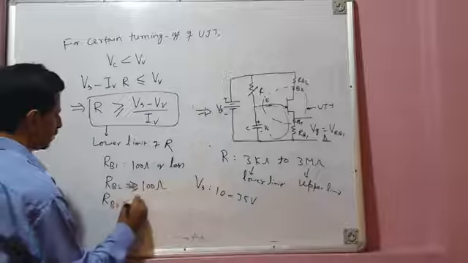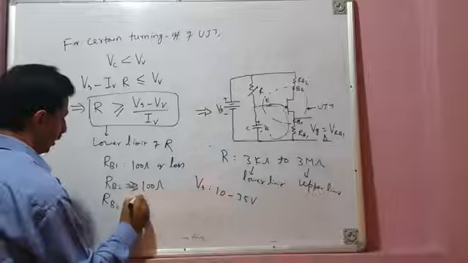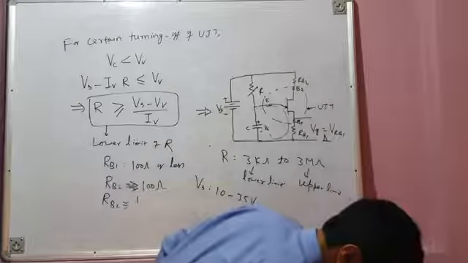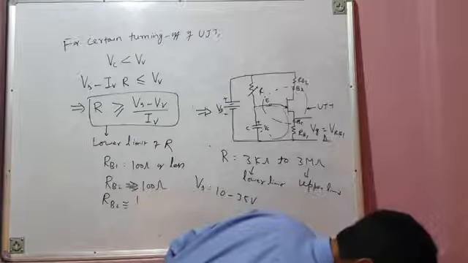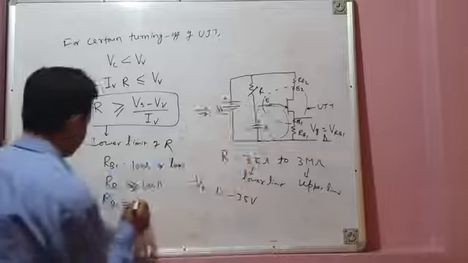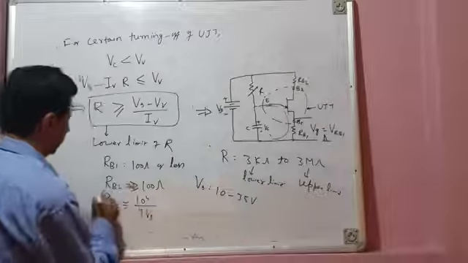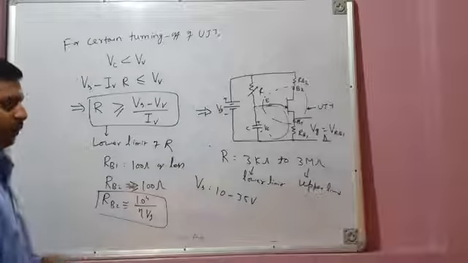It is approximately equal to 10 raised to power 4 by eta Vs. You can find it from this formula also.